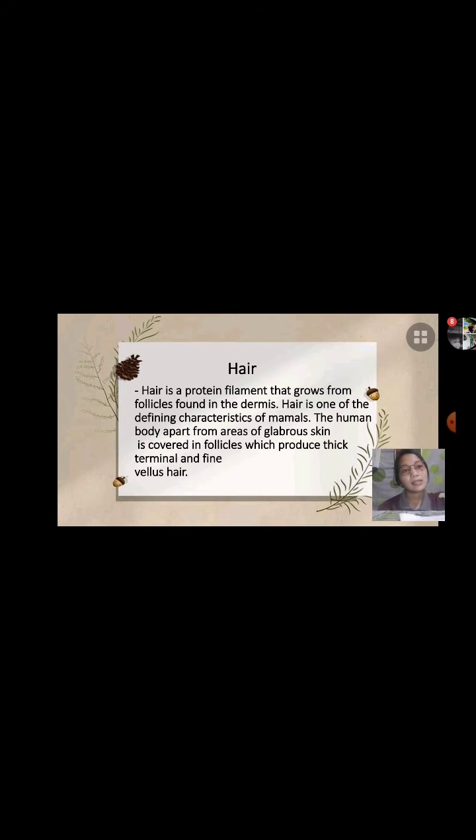So, what is hair? Hair is a protein filament that grows from follicles found in the dermis. It is one of the defining characteristics of mammals. The human body, apart from areas of glabrous skin, is covered in follicles which produce the terminal and vellus hair.